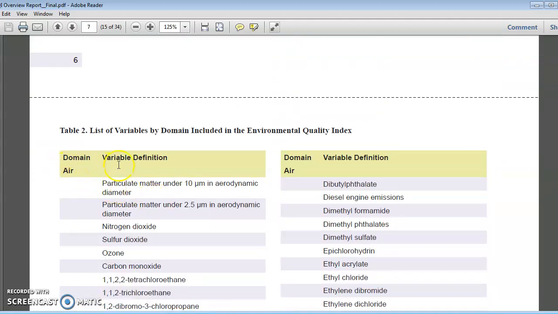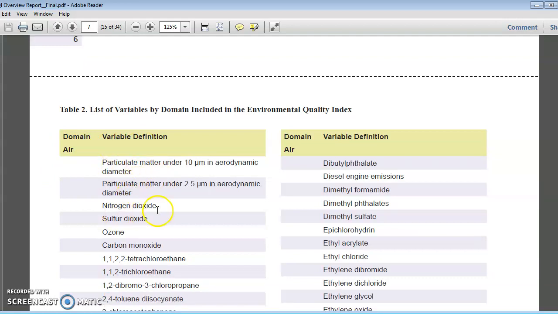Now domain air. For domain air, the variables defined are nitrogen dioxide, sulfur dioxide, ozone, carbon monoxide. These are the variables defined. All this is done to capture the data. That means the data sources are defined, and for the data sources, again variables are defined.